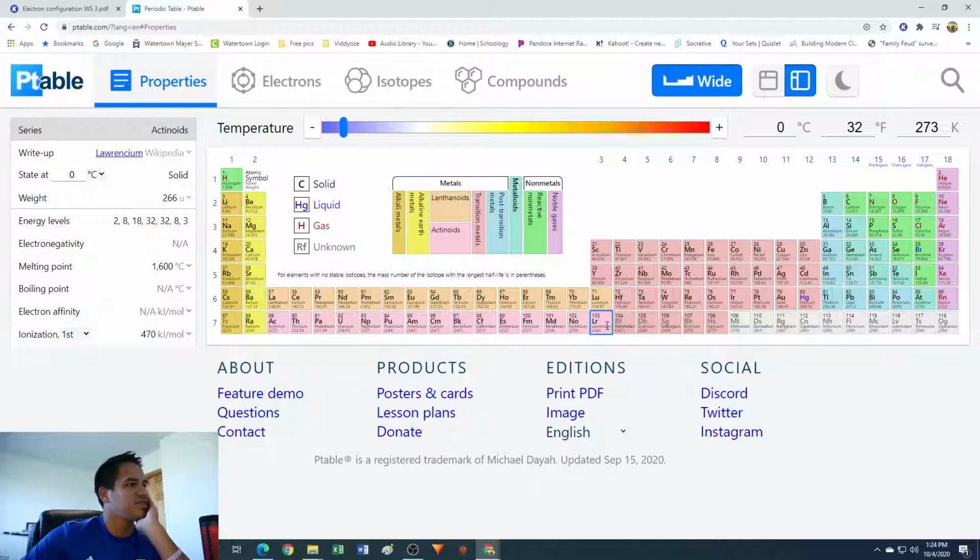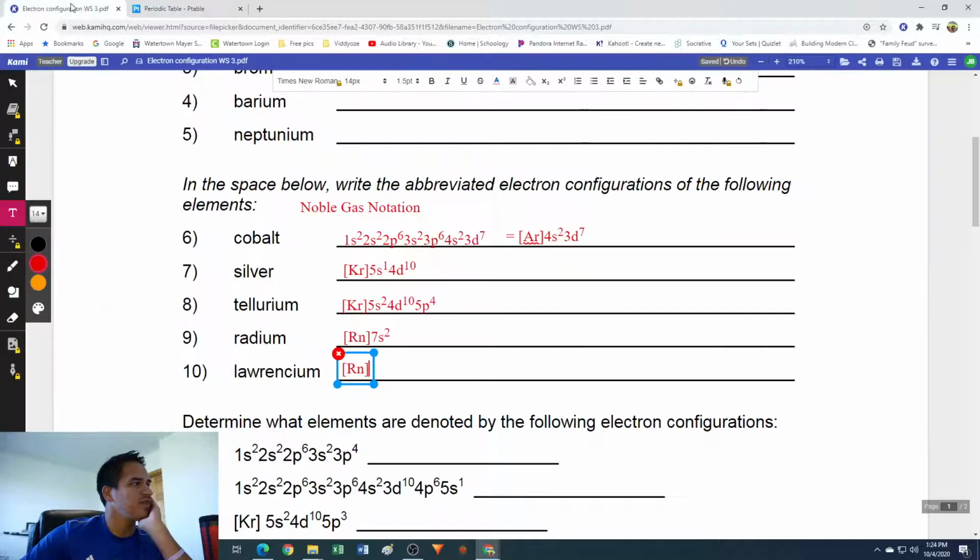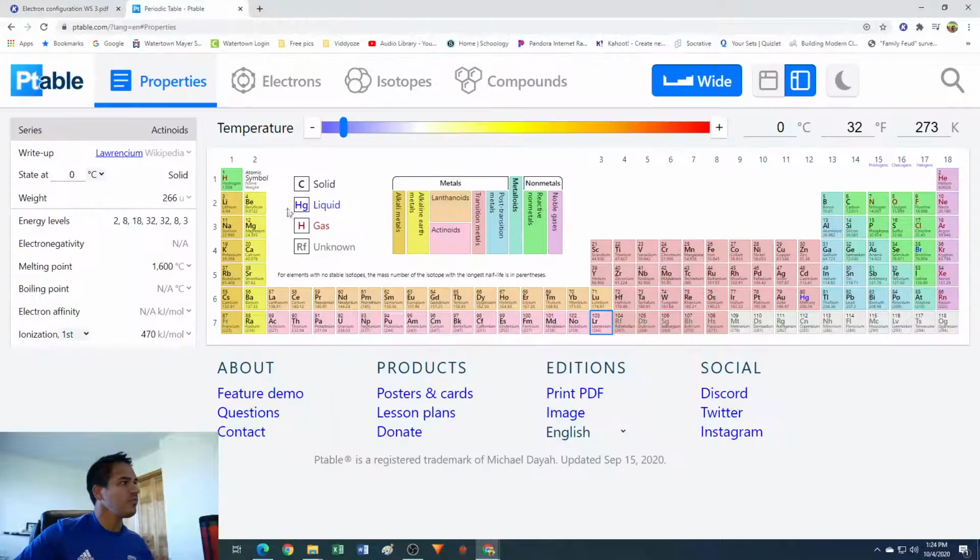So here is Laurencium. If we backtrack, radon, which is this one here, is the first noble gas. Starting in this row at Laurencium, we have 7s2 to radium. So we have 7s2. And then we are in the F block here. This is actually 5f.